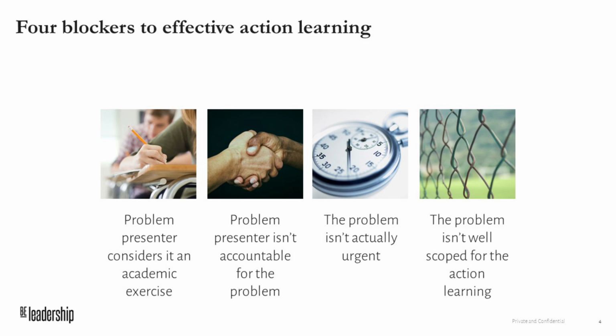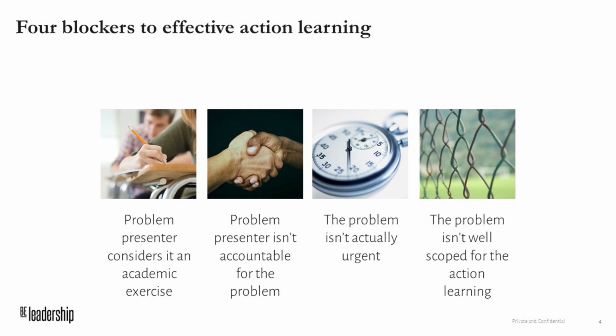The third is that the problem might not actually be urgent. When I first started using action learning, before I was introduced to WIAL, I was in a corporate role, and we used what the company was calling action learning on a number of problems.